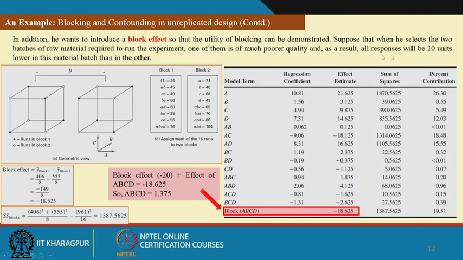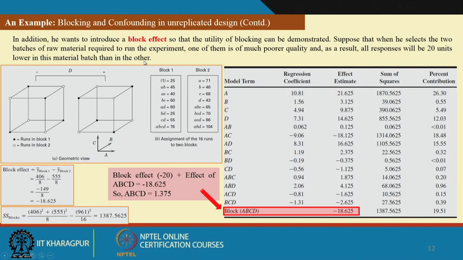Here we said that in addition, suppose you want to introduce a block effect, so the utility of blocking can be demonstrated. When two blocks of raw materials are required to run the experiment, one of them is of much poorer quality, and as a result all responses will be 20 units lower in this material batch than the other.